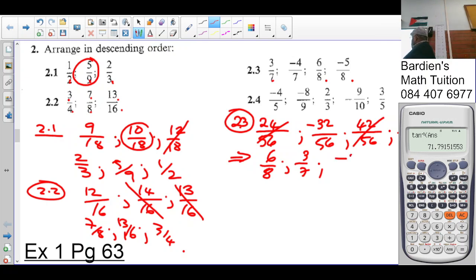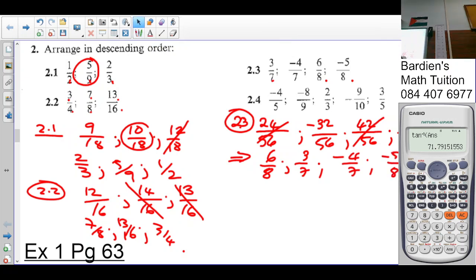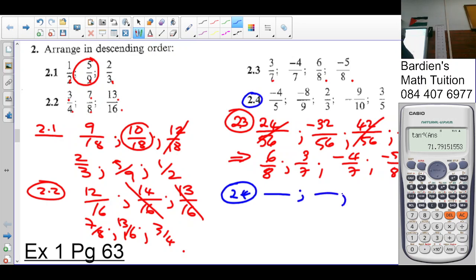Negative 32 is closer to 0, not so? Negative 4 over 7, absolutely. And then negative 5 over 8. You all okay with that? The last one, 2.4. What's your LCM here? 90.